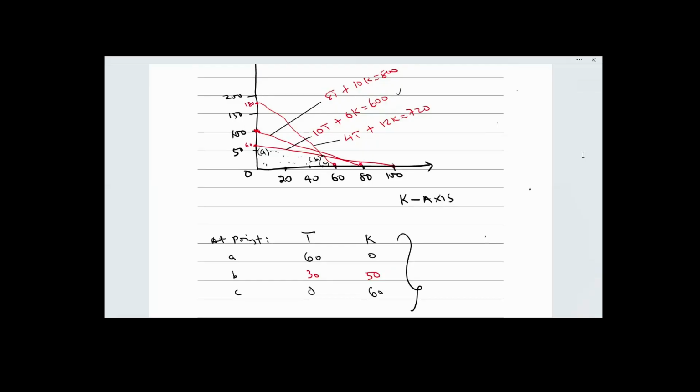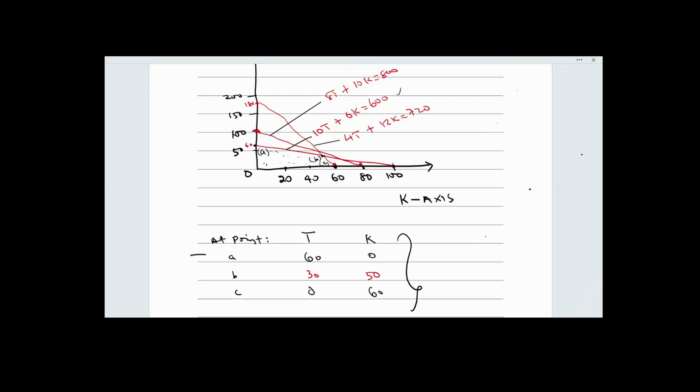T and K intersected at this point. They also intersected at point B here, and at point C. So those are the 3 points of intersection. All you need to do is to find the value of T and K at point A, at point B, and also at point C.